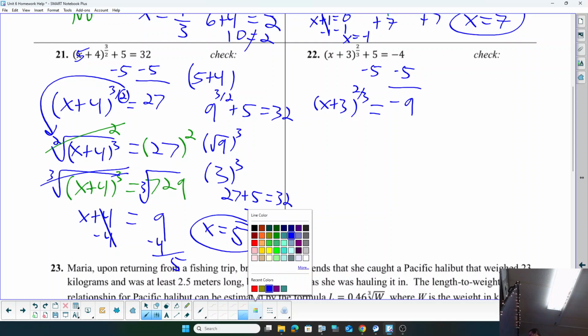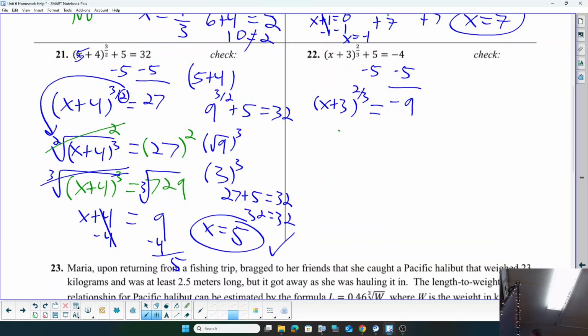What I mean is if you raise this power, or times this power by 3 halves, and then you take the negative 9 to the 3 halves, that's like a shortcut or something. Let's see if it works.